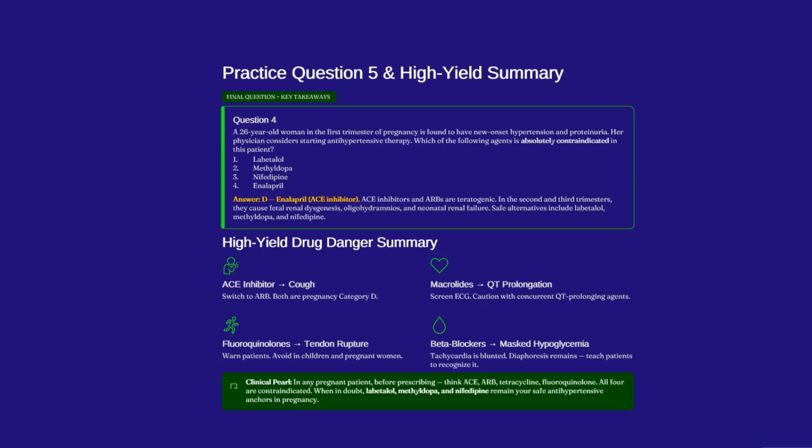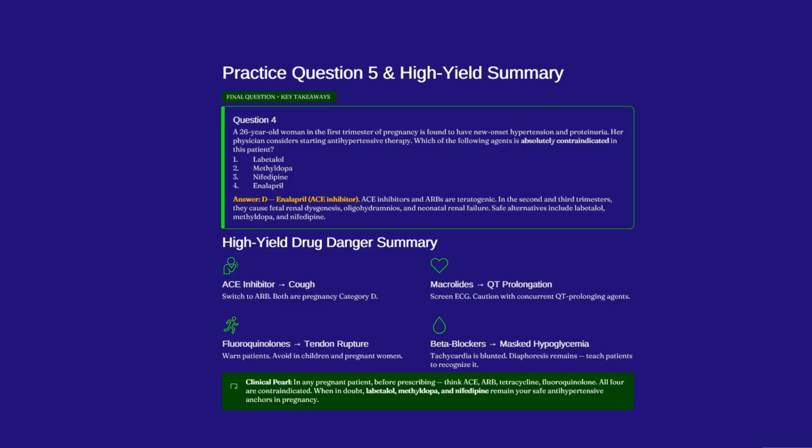A 26-year-old woman in the first trimester of pregnancy is found to have new onset hypertension and proteinuria. Her physician considers starting her on antihypertensive therapy. Which of the following agents is absolutely contraindicated?